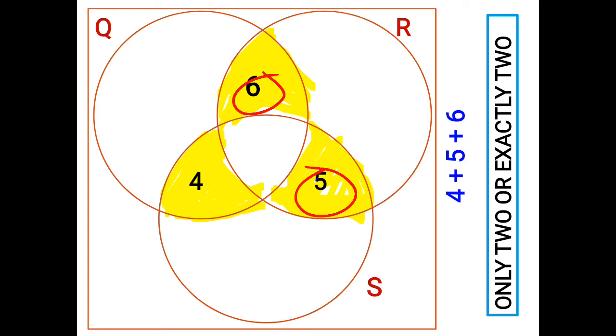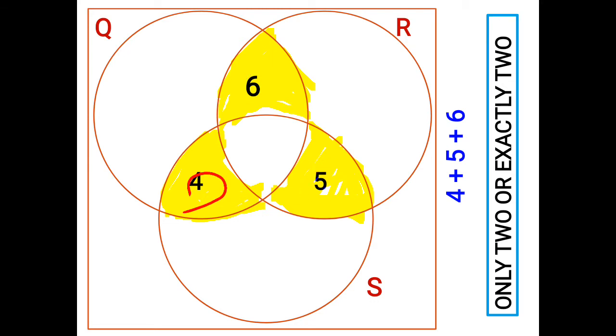So assuming the question says 17 students read only 2 subjects, meaning if you add region 4 to region 5 to region 6, you should get whatever value you have been given.